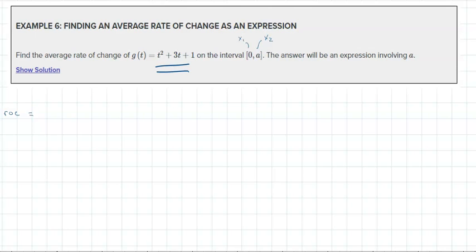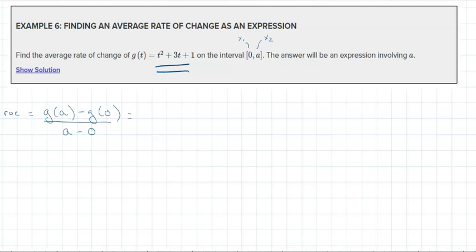So we're going to look for g of a minus g of 0, and I'm using g because that's what the function used right there, over a minus 0. Okay, so g of a is going to be a long one, but we just have to plug in a every time we see a t. So every single time we see a t, we just replace it with an a.